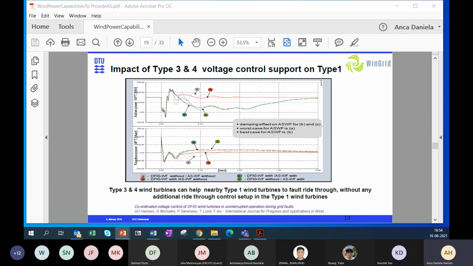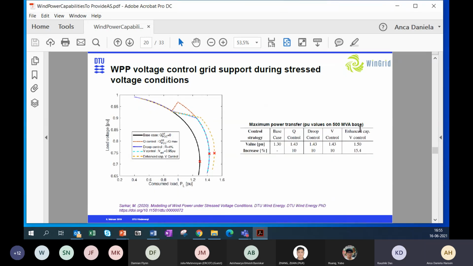If we go further, we also had an investigation done by our PhD student, finished last year, about voltage control and grid support during stressed voltage conditions.